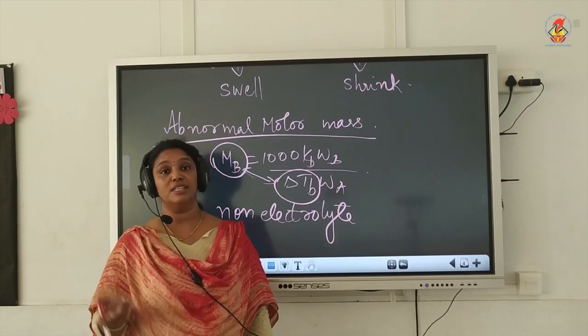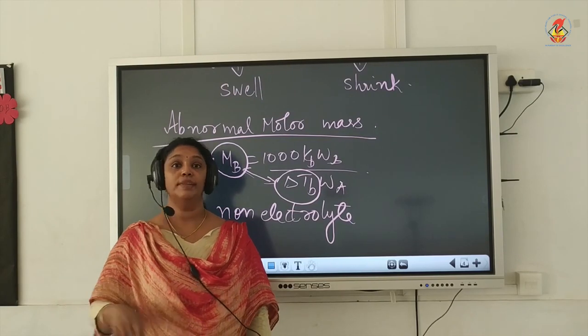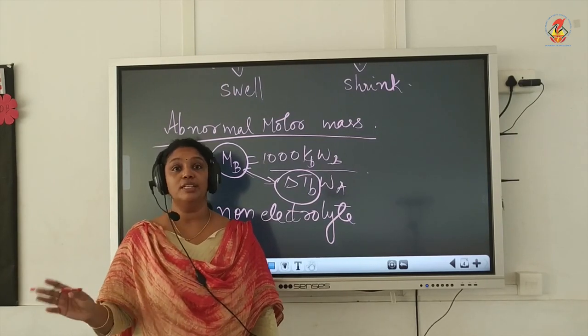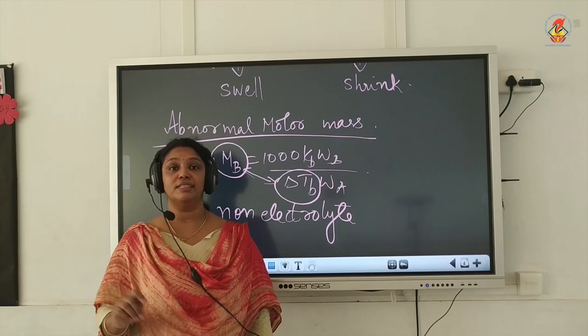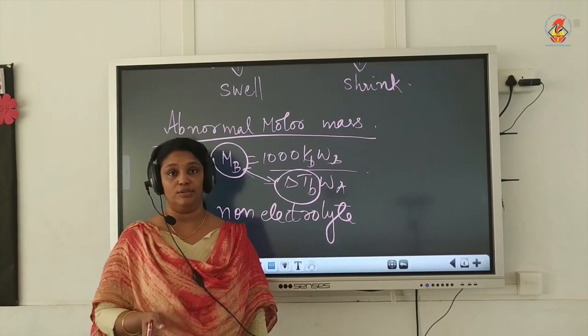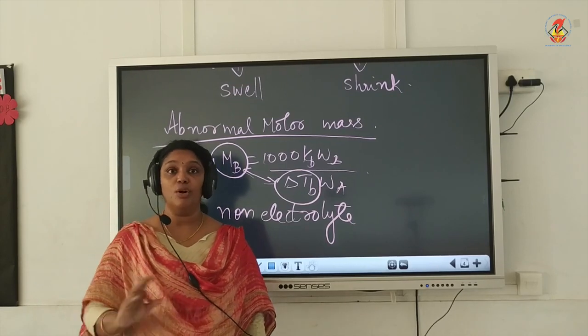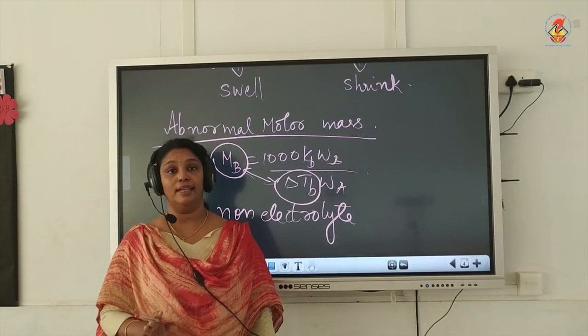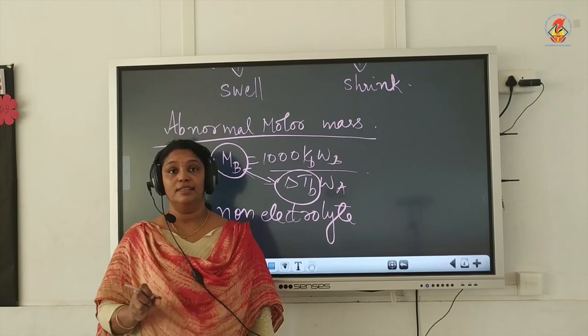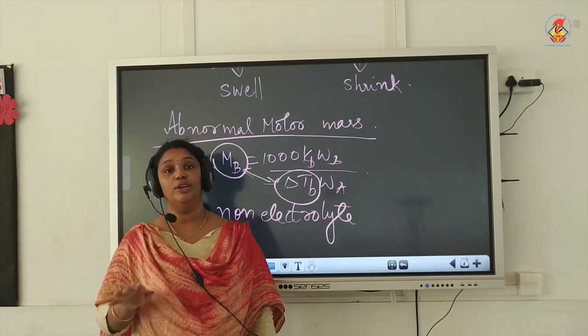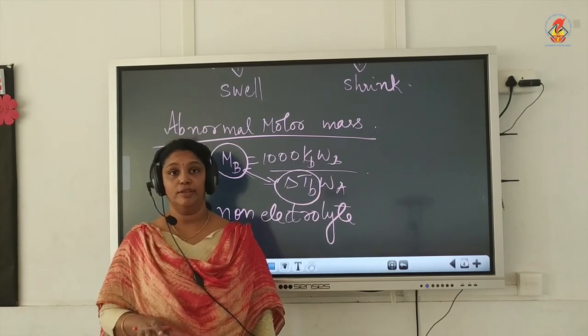Electrolytes are substances that, when added to water, undergo dissociation into ions. Non-electrolyte means there will not be any dissociation into ions. Suppose the non-volatile solute added is a non-electrolyte. In that case, you will get the actual value of molecular mass for the solute.